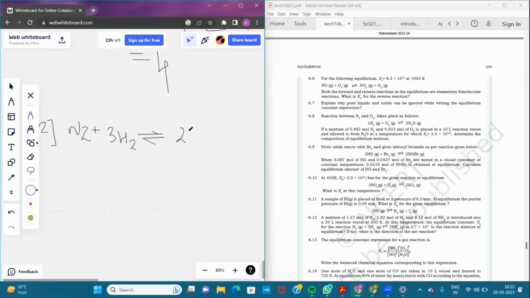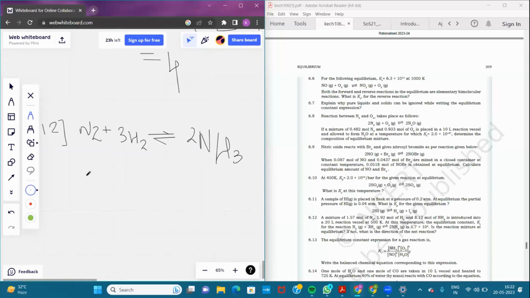Here, we want to check at the initial condition to determine the direction in which the reaction proceeds. The expression for Q would be the same as Kc.